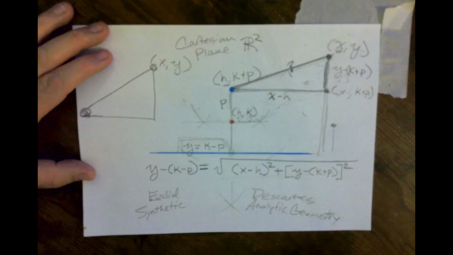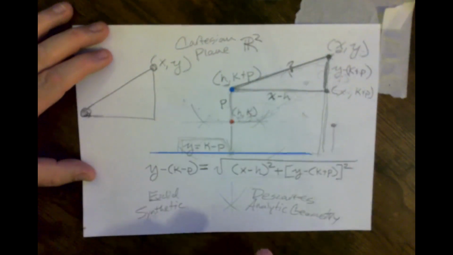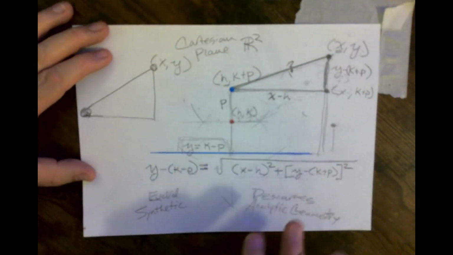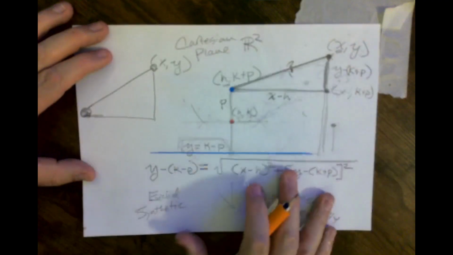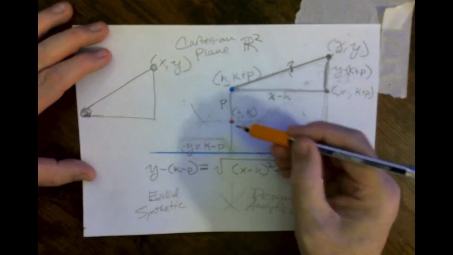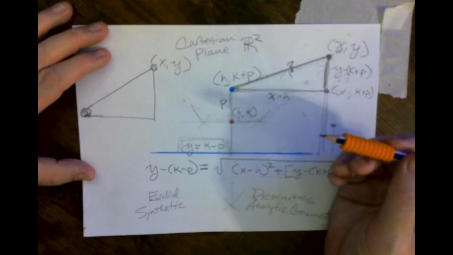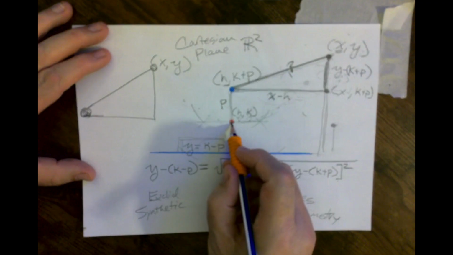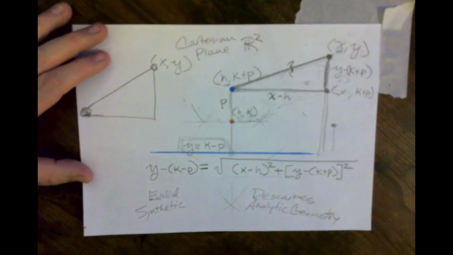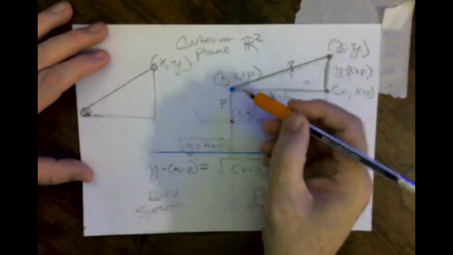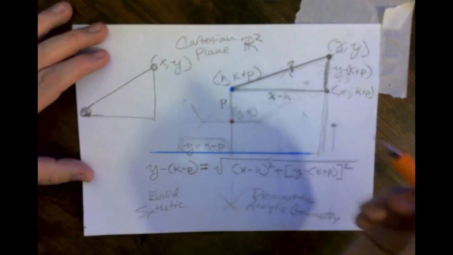What we did here was we put a coordinate system onto the plane. So at first, all we had was this, the vertex. We could find that with a compass and straightedge. And then we labeled that to a coordinate system.